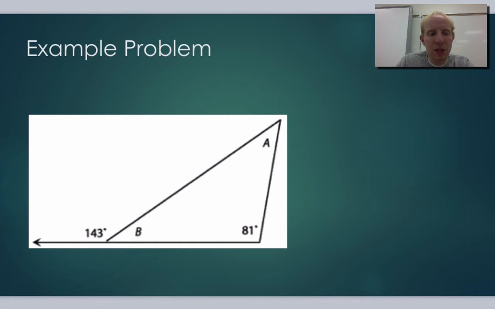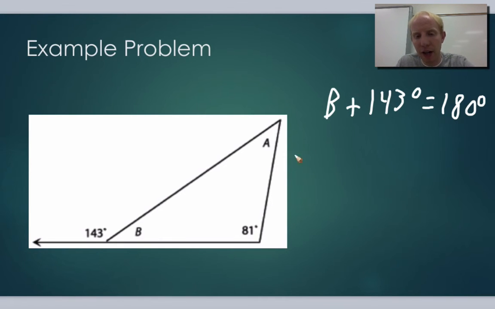Well, we can use some properties of the exterior angle theorem to help us out. Let's start with B. Well, we know that B and 143 are a linear pair, from the exterior angle theorem. So that must mean that B plus 143 degrees must give us 180.